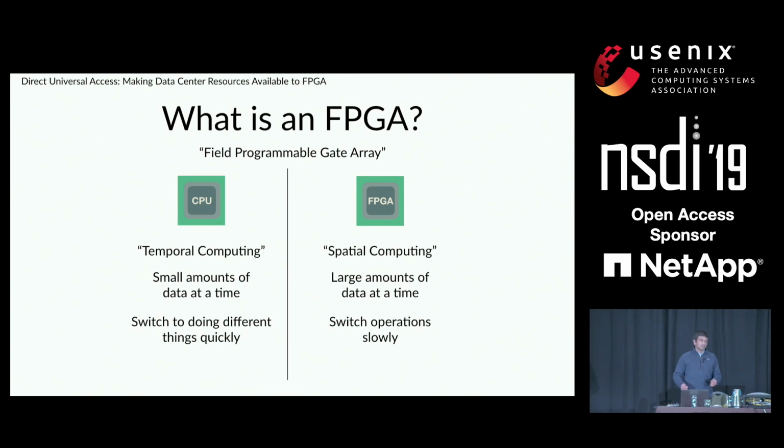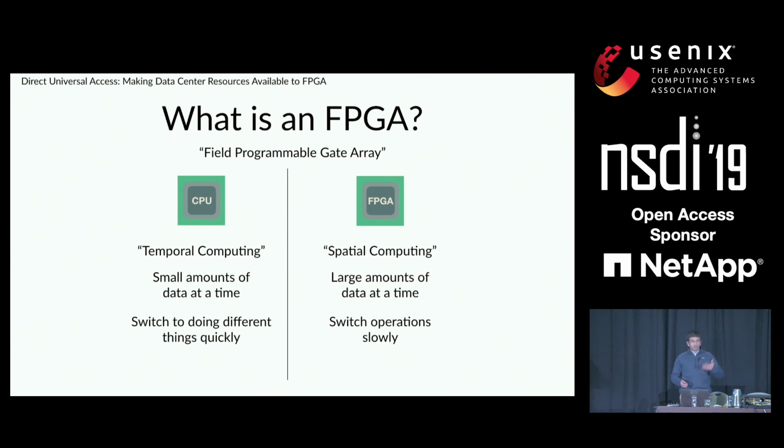But what this really means is that once in a while, so every few minutes in a modern data center, you can change the FPGA's functionality. The rest of the time, it can only do one prescribed set of operations. The advantage is that it can operate on a large amount of data at once at any given time due to increased parallelism. It's useful to contrast this with the CPU, where it's really easy to change what the CPU is doing.